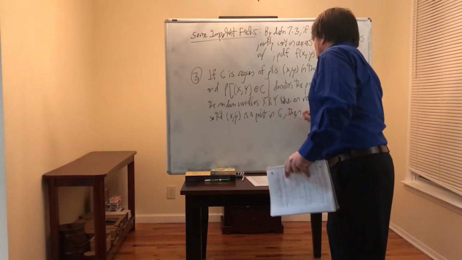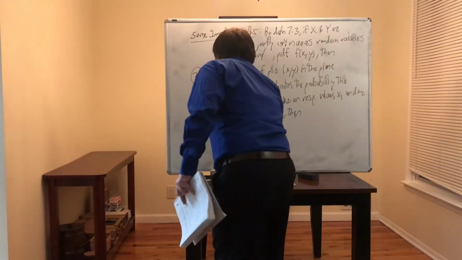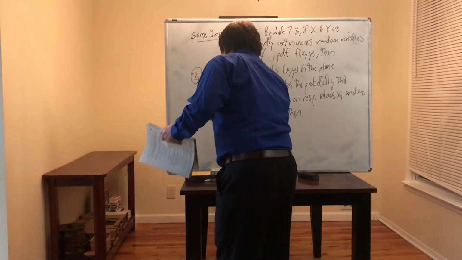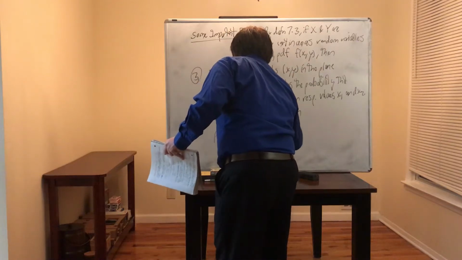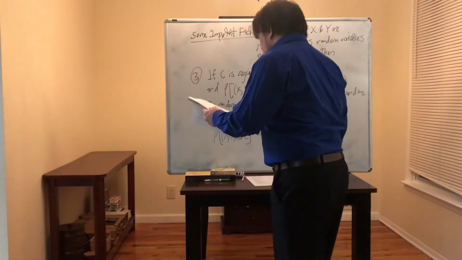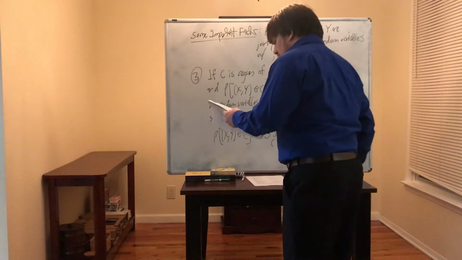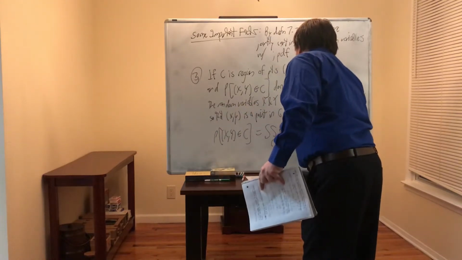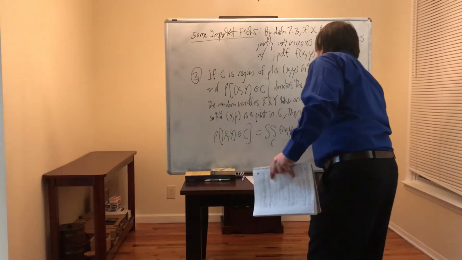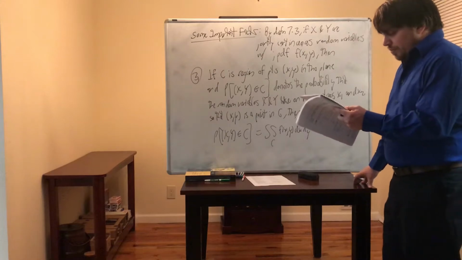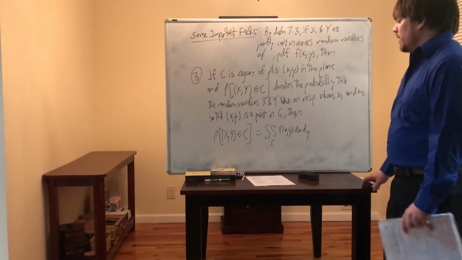Then the probability that x comma y is in C is equal to the double integral over C of f of x comma y dx dy. Okay?